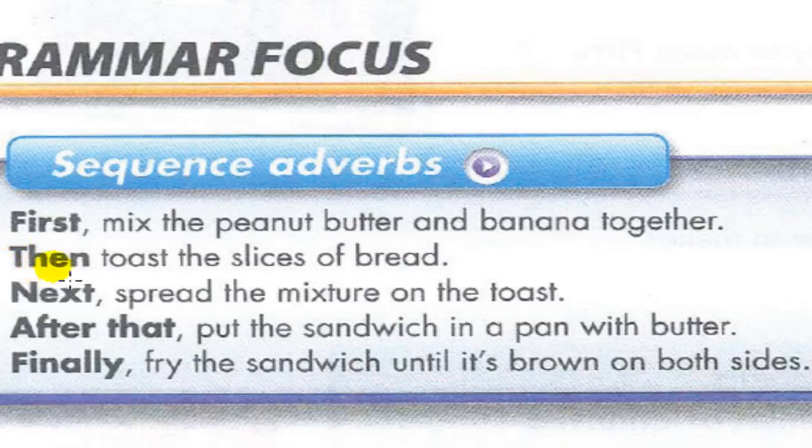Number 2, this is then. Then toast the slices of bread. Next, spread the mixture on the toast. Number 3, next. Number 4, after that, put the sandwich in a pan with butter. Number 5, finally, fry the sandwich until it's brown on both sides.